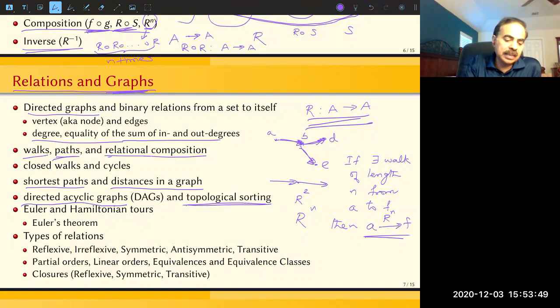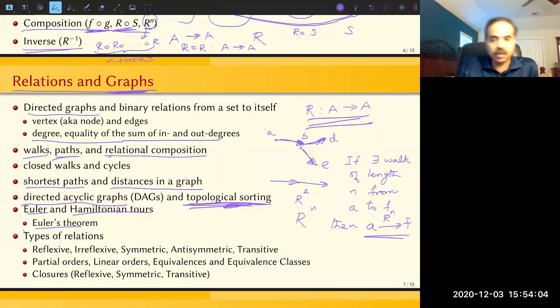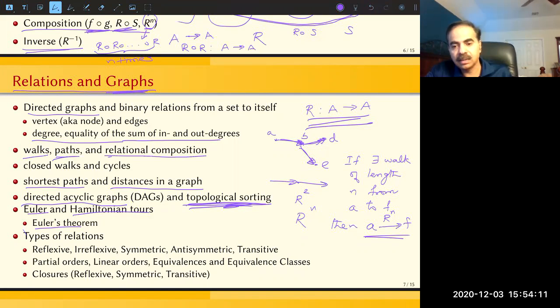We used an example of course prerequisites to illustrate the concept of DAGs. We looked at Euler and Hamiltonian circuits, how Euler circuits are very easy to compute, and how Hamiltonian circuits are very difficult to compute.